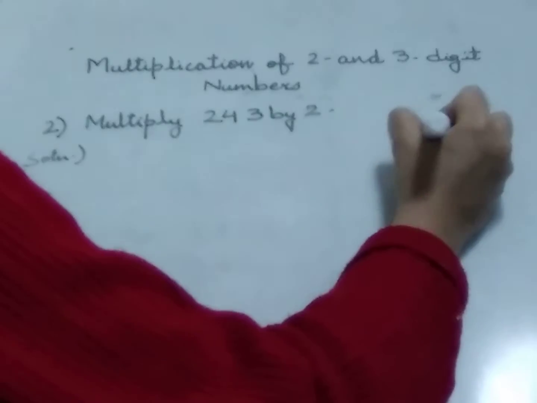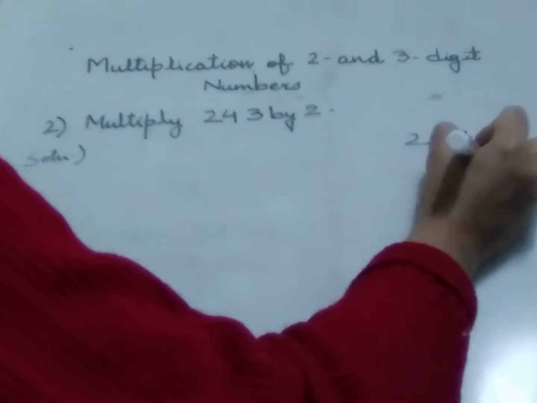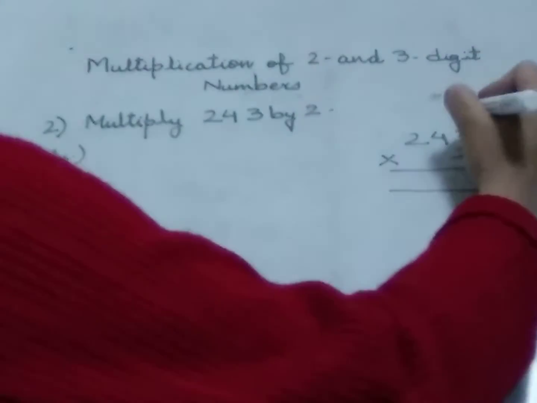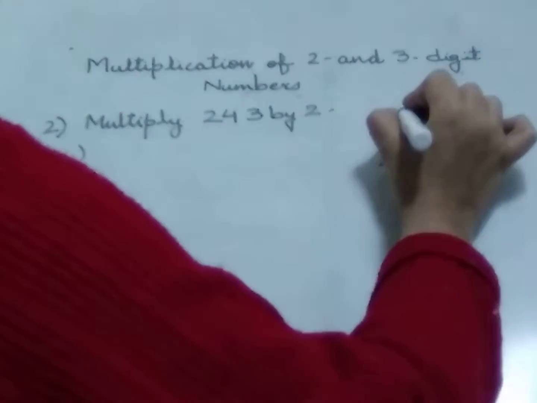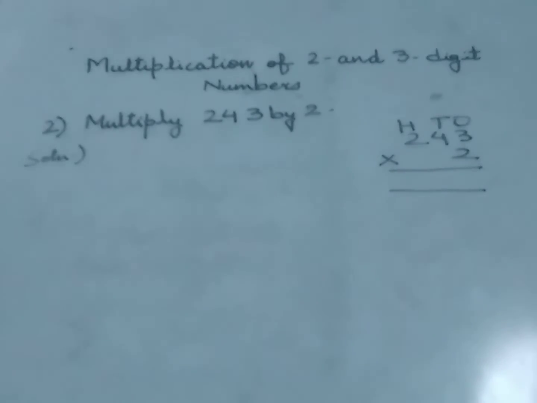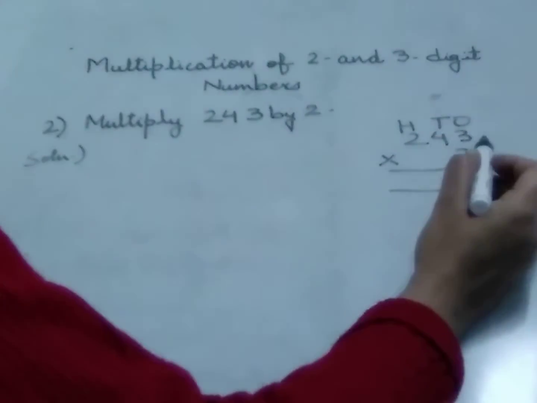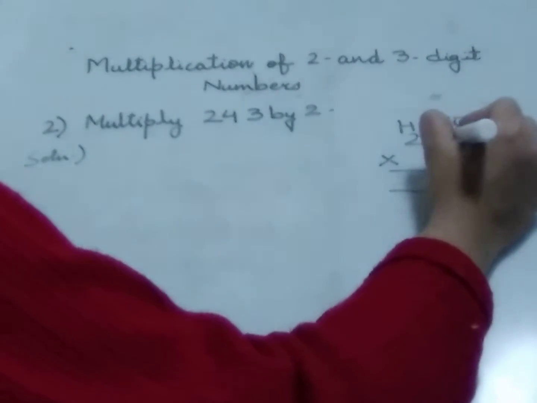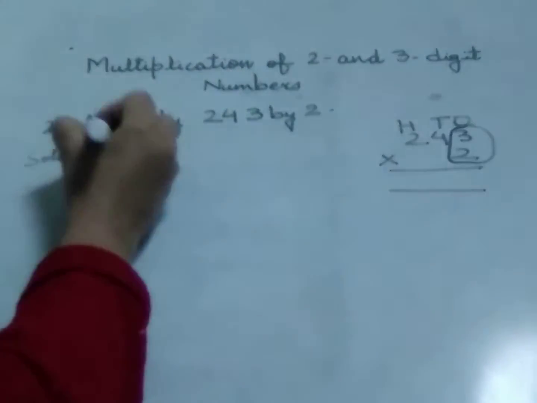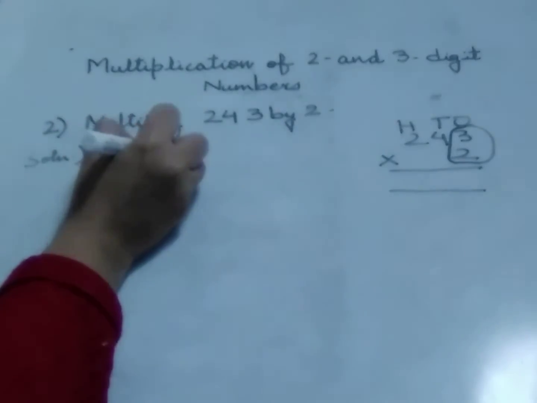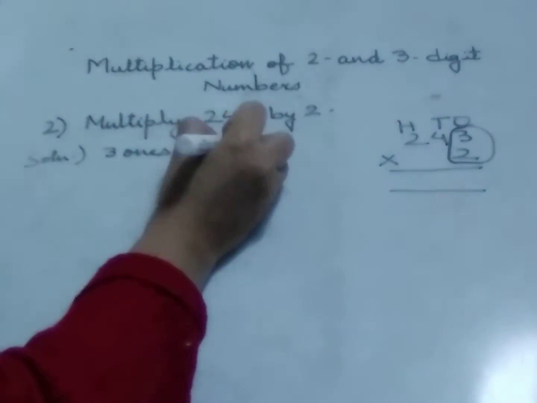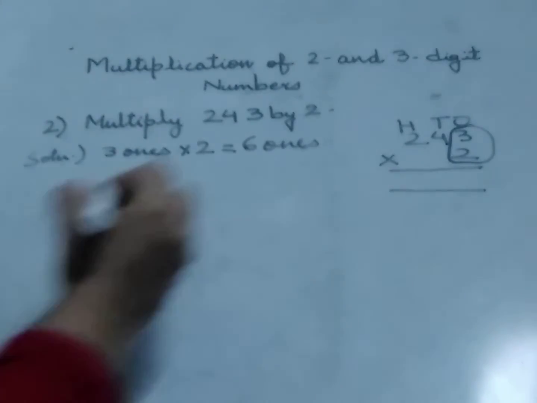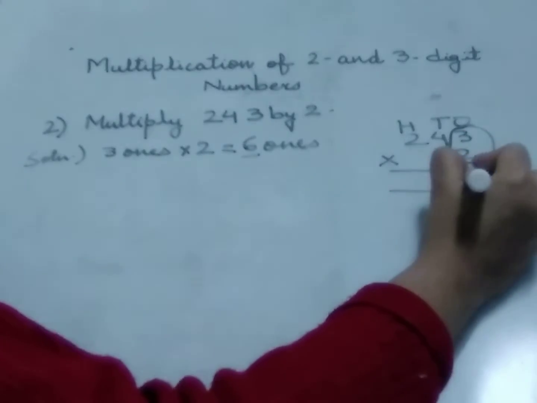So this is 243 multiplied by 2. Their place values are ones, tens and hundreds. Multiply the ones first. So 3 ones multiplied by 2 is equal to 3 twos are 6, 6 ones. So write 6 in the ones column here.